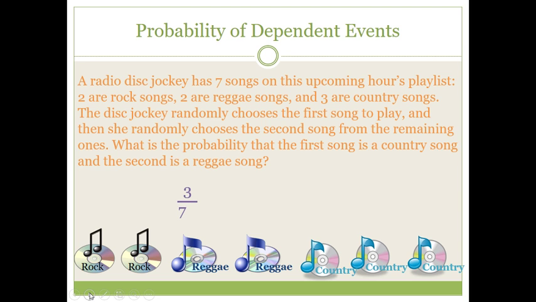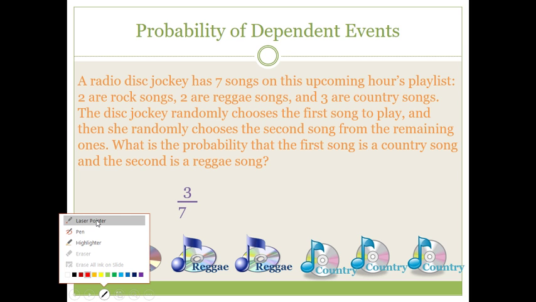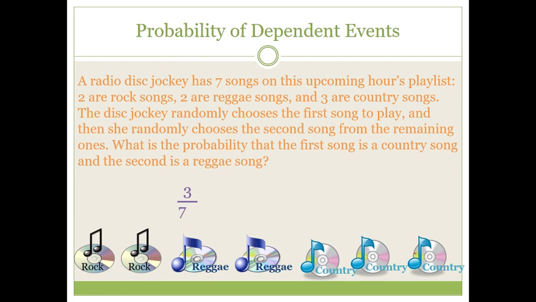So I start there. All right, so now one of these country songs is off the list. We're not going to play the same song twice in a row. So I'm going to cross this one out. Let's just randomly pick one to cross out. Now we want to calculate the probability that the second song we pick is a reggae song. Remember the total number of ways to pick a reggae song.